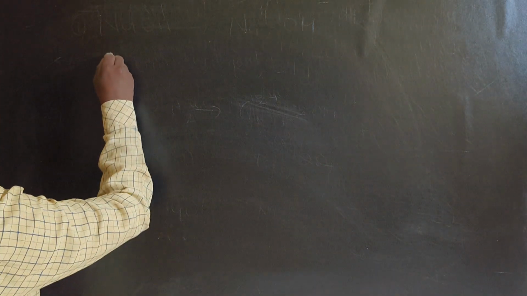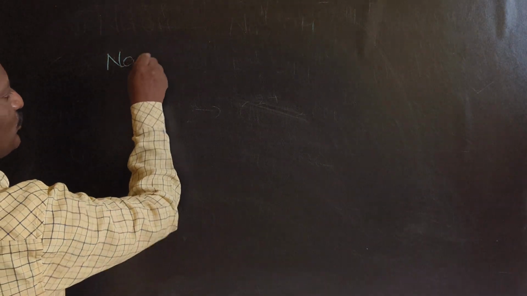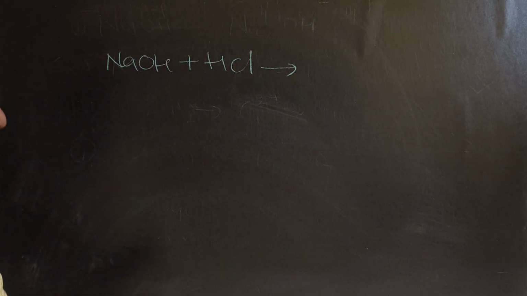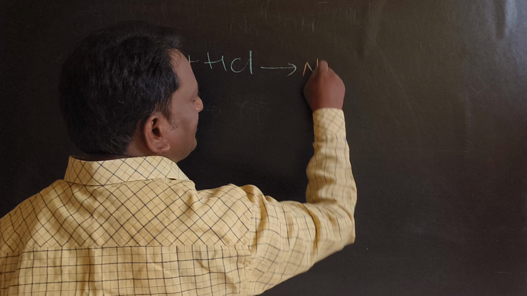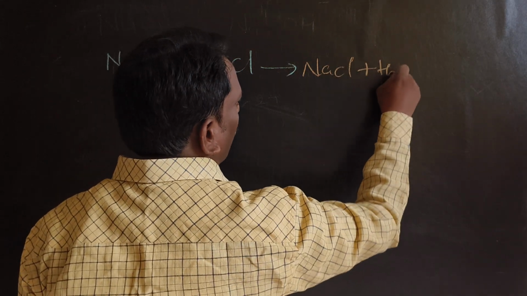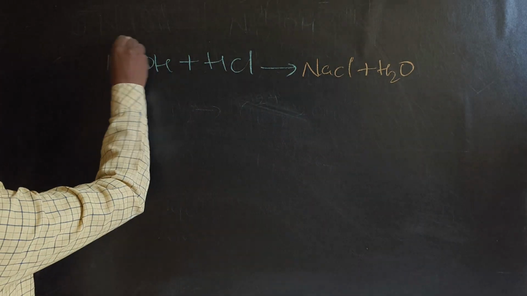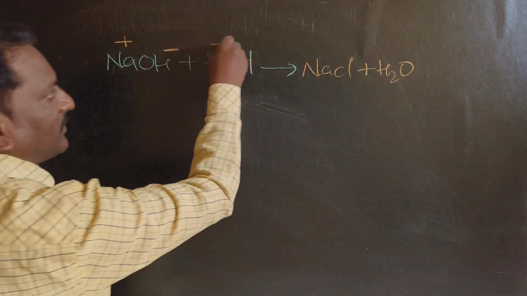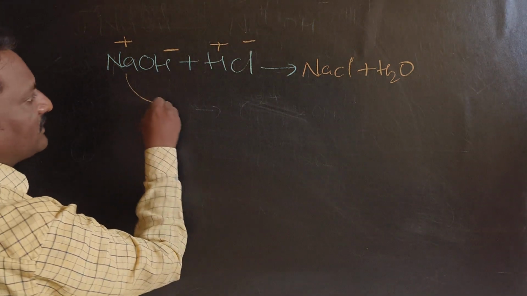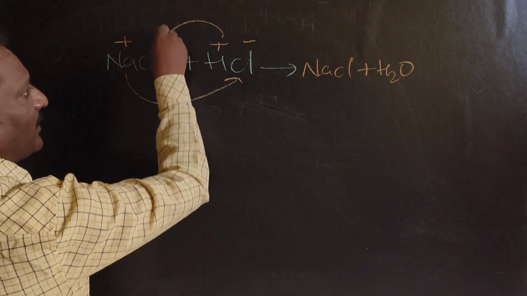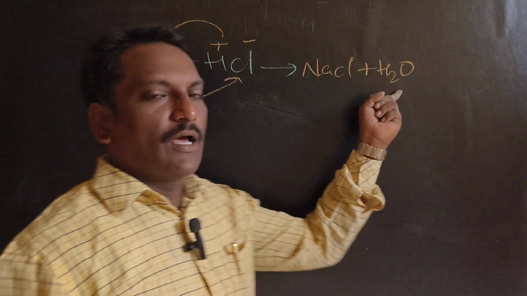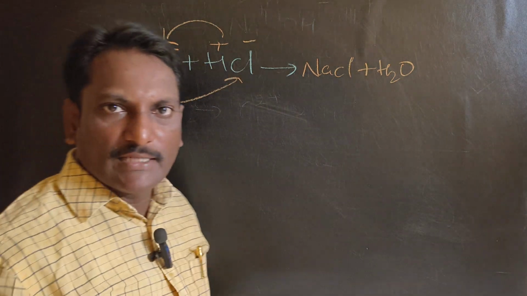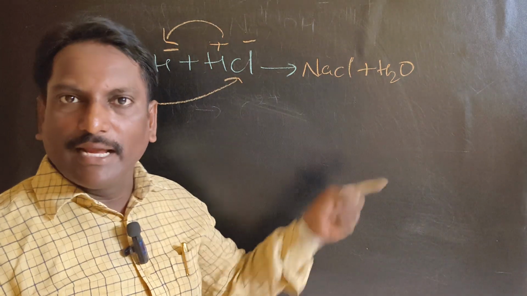When sodium hydroxide is dropped in HCl, we will get NaCl and water, sodium chloride and water. Exchanging of ions takes place: Na plus OH minus and H plus Cl minus. This one combines with this and this one combines with this. We get sodium chloride along with water. It is a double displacement reaction and a neutralization reaction as well.